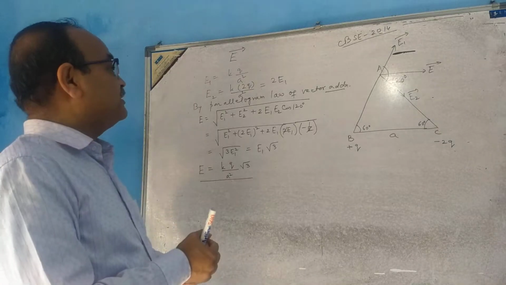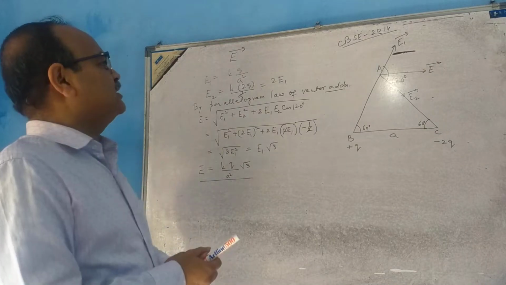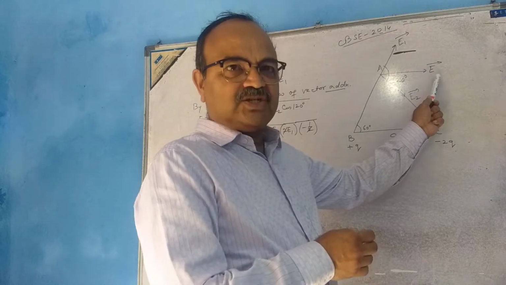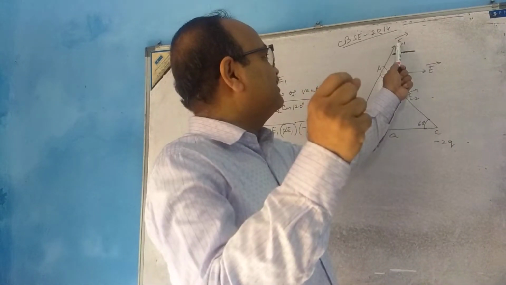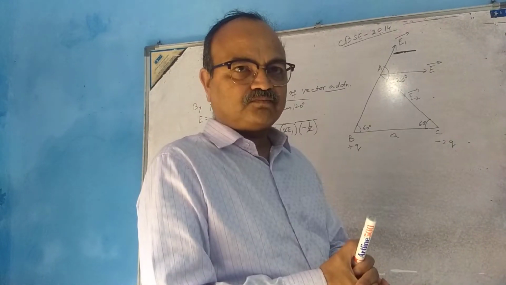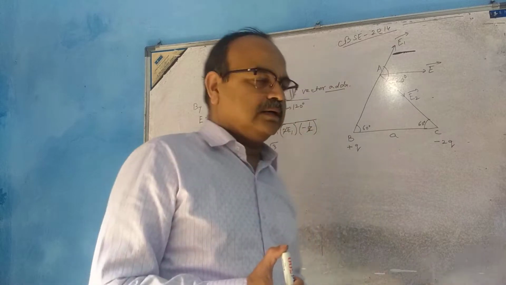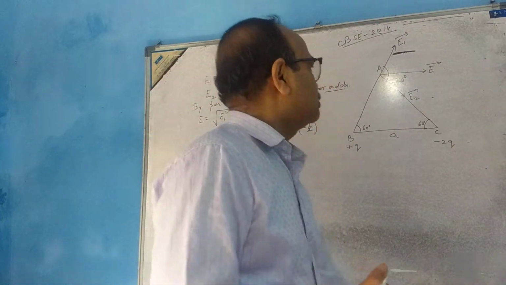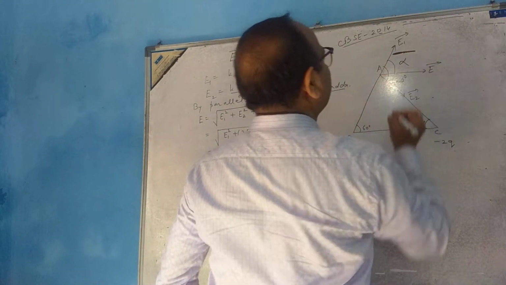Now what is the direction? For the direction, we have to see that the resultant E vector makes a certain angle either with E1 vector or E2 vector. Again I take the case of the parallelogram law.